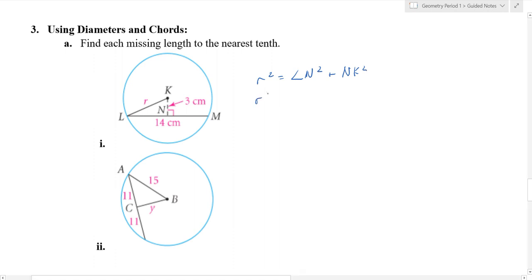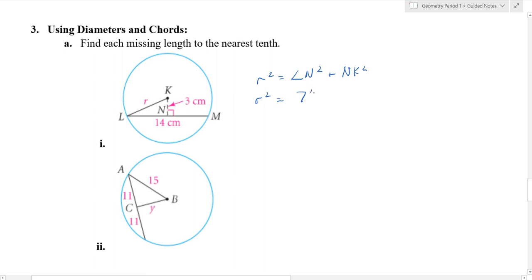We're looking for r, so it's r squared. LN was not 14. LN is half of 14 because if it's perpendicular, that means that it bisects my chord. So it is half of 14. So in this case, we're going to have that LN is 7.